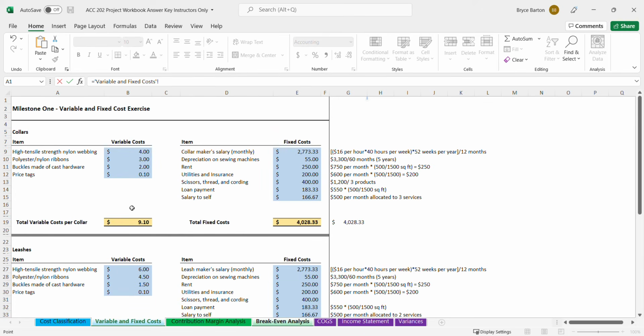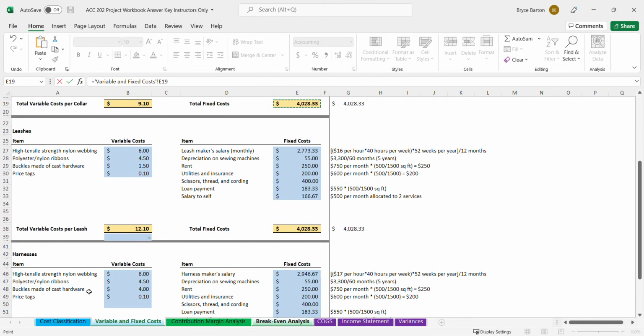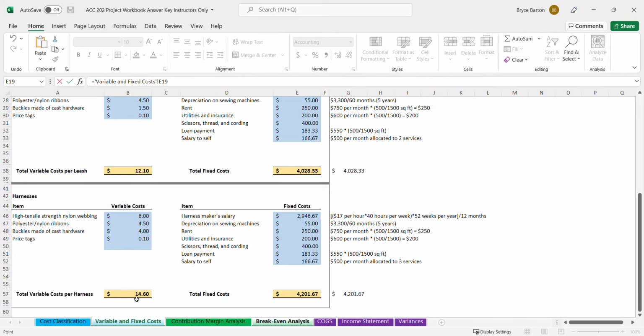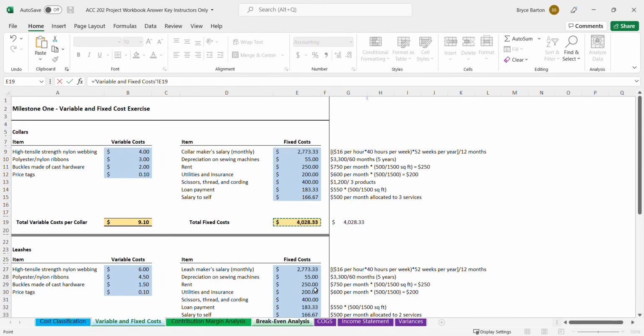What we were looking for was the total variable cost and total fixed cost for collars, the same for leashes, and the same for harnesses, because we are going to use those in the next milestone. And these two green tabs are what you will turn in for milestone 2.